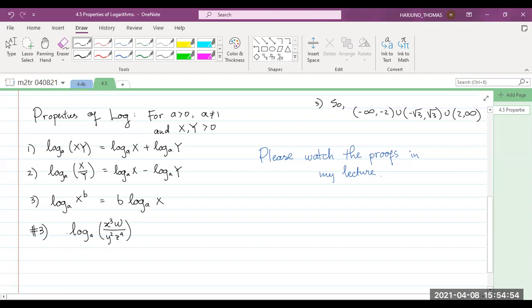Just to remind us, we see this as log of the numerator over the denominator, which then becomes, using property number 2, log base A of x cubed w minus log base A of y squared c to the 4th.